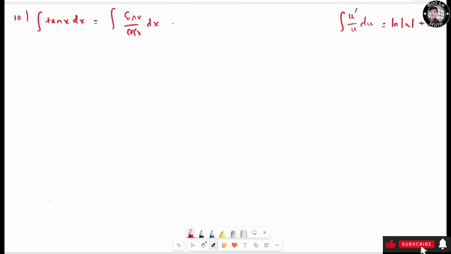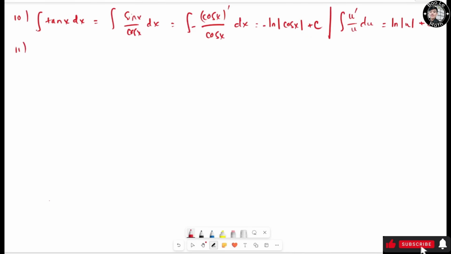The top can be written as cosine s prime over cosine s ds. Don't forget the negative sign, because the derivative of cosine has a negative sign, so negative becomes positive here. So this becomes negative ln of the absolute value of cosine s plus c.